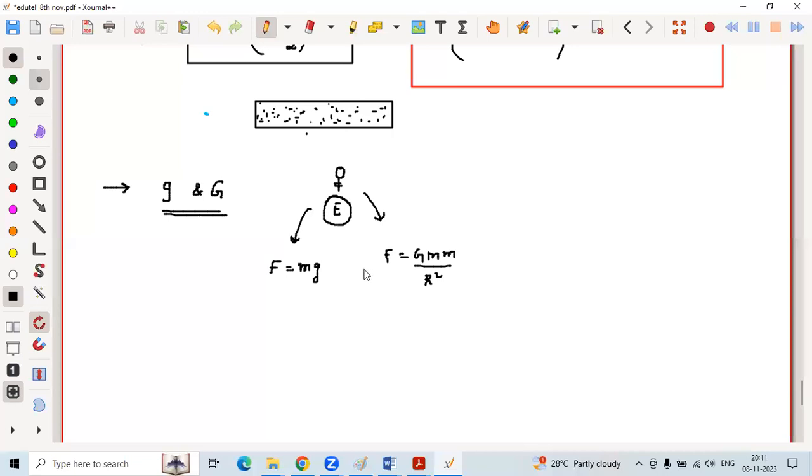These two can be equated, because both are forces acting on the person. If I equate these two, I get mg is equal to G capital M small m by R square. I can cancel small m. This is the relation between small g and capital G.